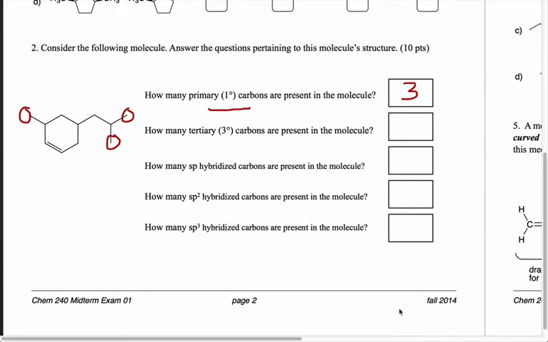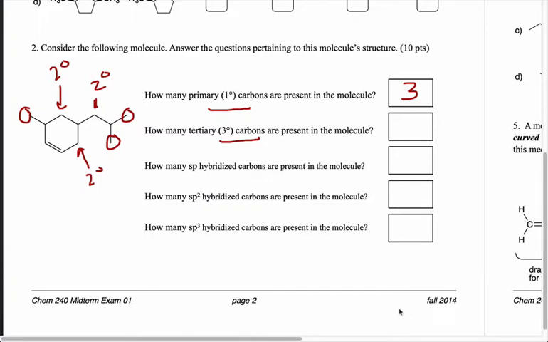Okay. Tertiary carbons, that's a carbon attached to 3 other alkyl groups. In this case, we have a CH2 attached to 2 carbons. That's a secondary carbon. Here's a CH2 attached to a secondary carbon, so it's a secondary carbon. This is a secondary carbon.